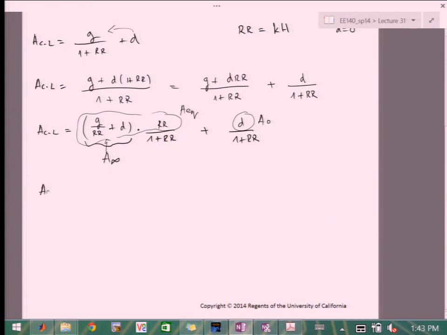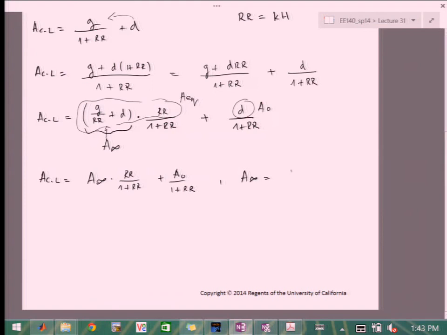So our A closed loop will be A infinity times RR over 1 plus RR, plus A0 over 1 plus RR, where A infinity is G over RR plus D. The meaning of A infinity is that it's the closed loop gain when RR goes to infinity.